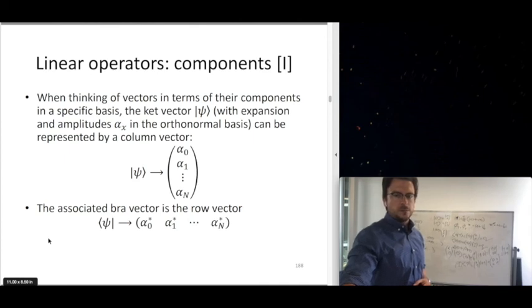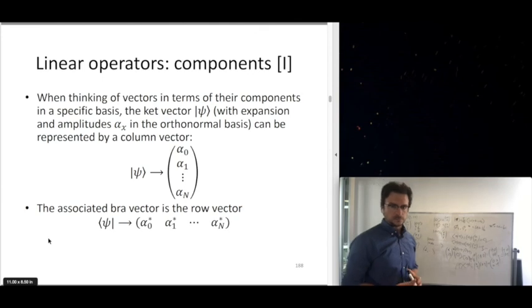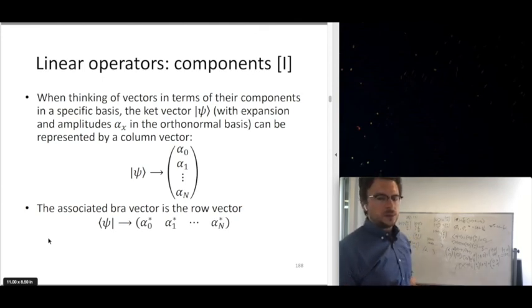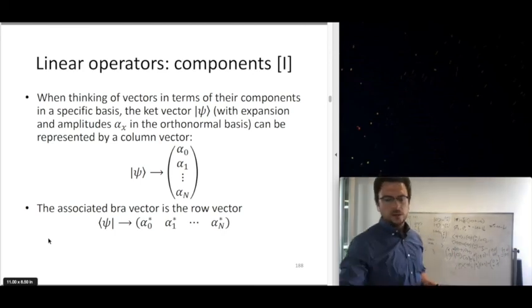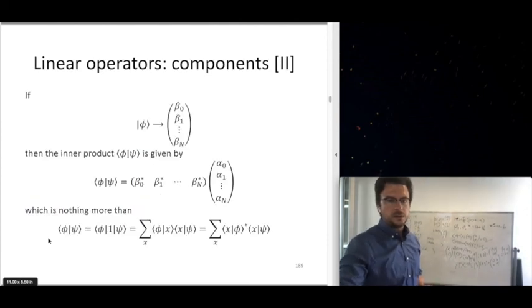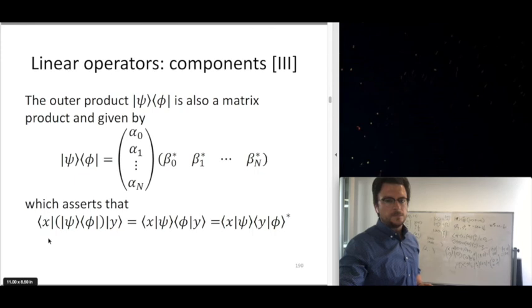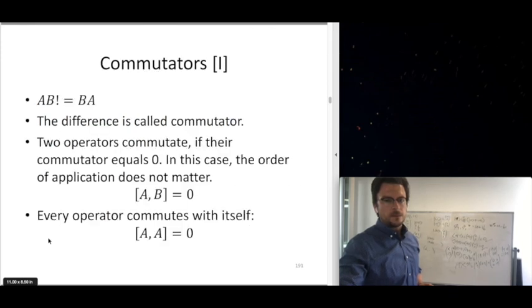We talked about the components. The associated bra vector is the complex conjugate, in that case, with complex numbers. And in row form, we talked about that in detail. We have commutators.